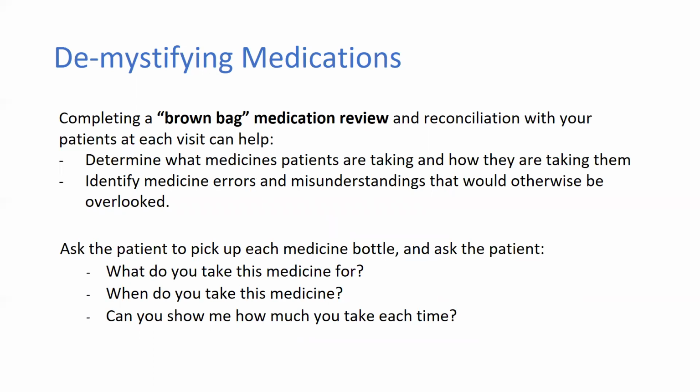This will help you understand whether or not the patient knows what the medication is for and why they're taking it. Ask them when they take it to make sure that they're taking it correctly. And then, can you show me how much you take each time? Again, confirming that they're taking the appropriate dosage. Taking a couple minutes with each appointment to do this will help ensure that the patients are self-managing correctly and that they are understanding the instructions that you are giving them.